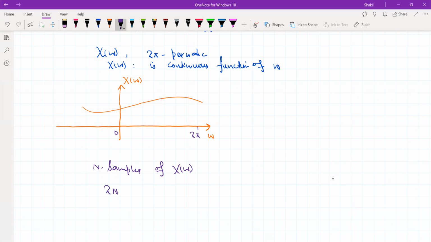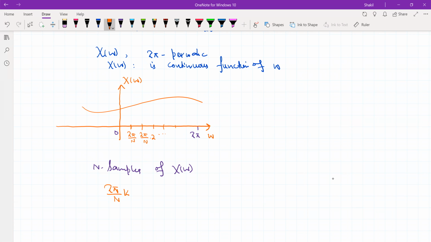So suppose we sample it like this: 2 pi by N times k, and k is the point where we sample. When k is 1, it will be 2 pi by N, then k is 2, so this will be 2 pi by N times 2, when k is 3, and k is 4, k is 5, and so on.